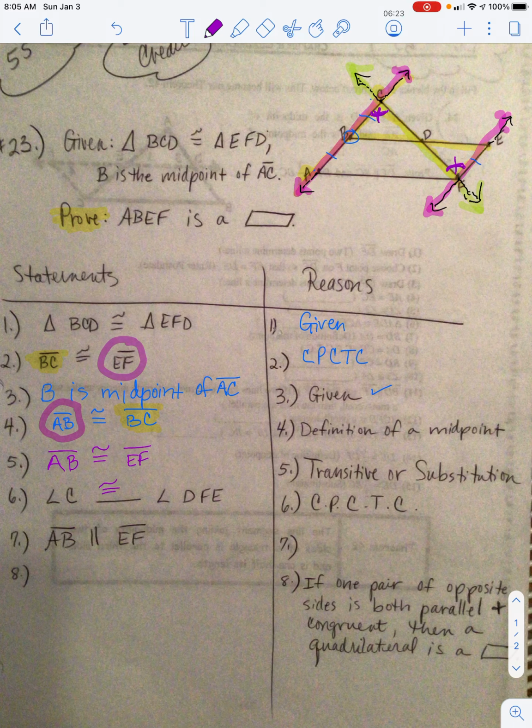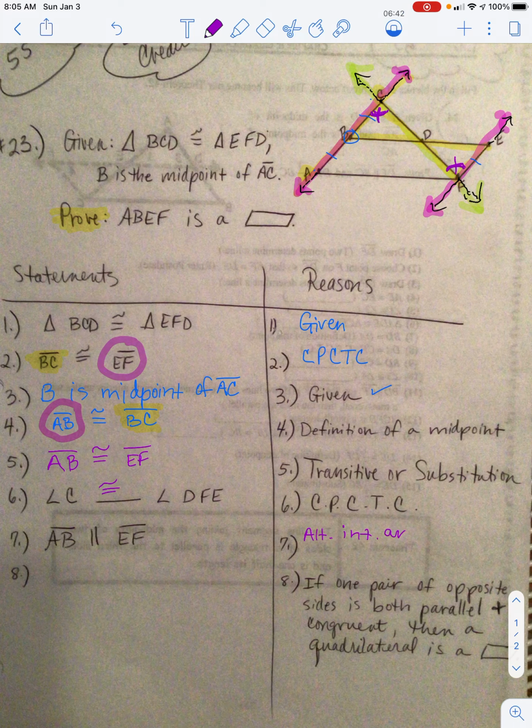Since those two angles are congruent, which we identified in step number 6, then those must be parallel lines. AB must be parallel to EF. Why? Because notice that those angles at angle C and angle DFE are alternate interior angles.